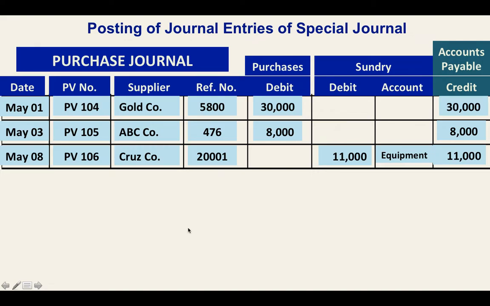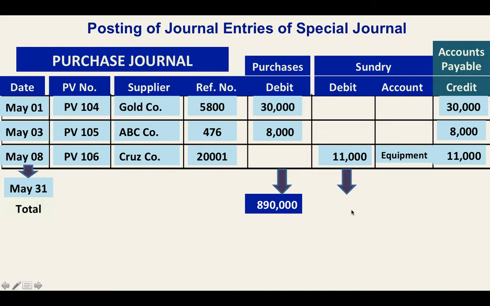So all entries, up to the end of the month, May 31, and then we will get the total. So assuming that our purchases total for the month is 890,000, it's just an assumption. We will assume that there will be several entries after May 8 up to May 31.